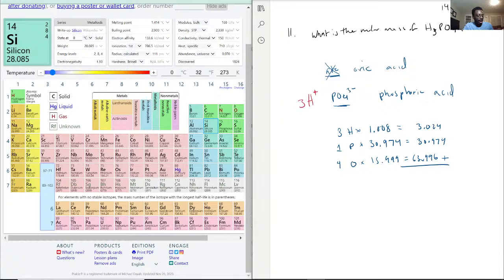So all of these get added together, 63.996 plus 30.974 plus 3.024, we get 97.994. So they might have rounded their answer, but this is going to be the molar mass of phosphoric acid. Let's see how we did.